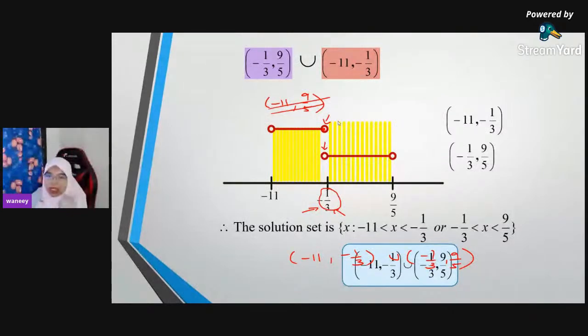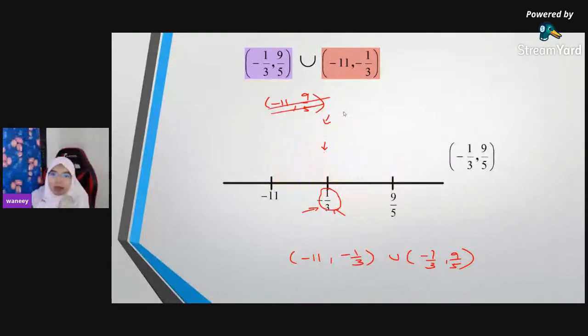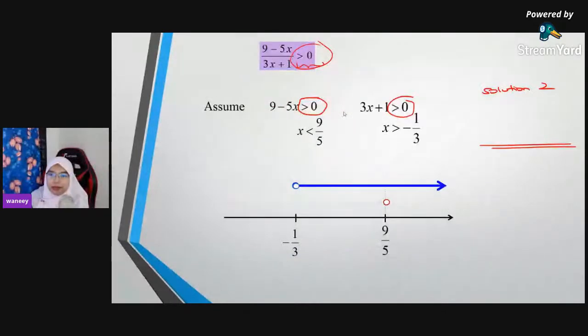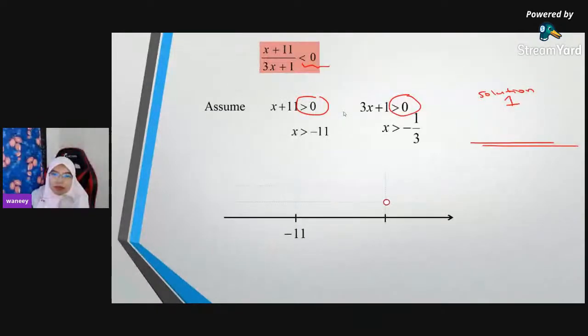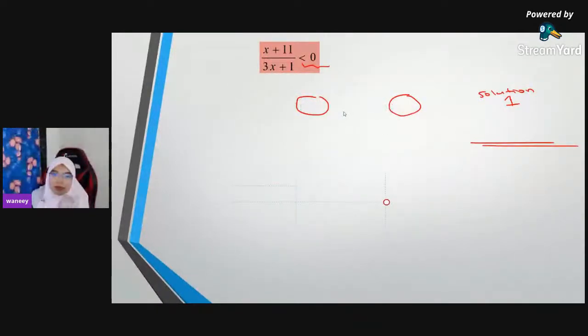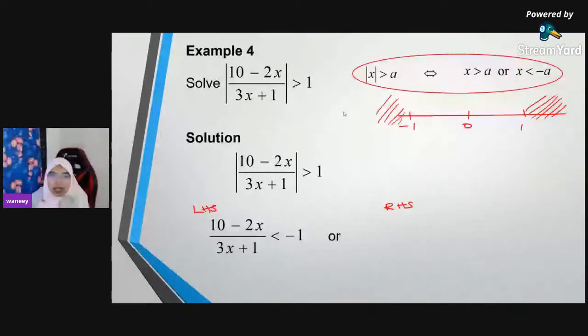Dan satu lagi, kalau awak based on the question lah kan. Kalau awak tengok balik soalan, sekejap saya patah balik soalan. Okay. So ini soalan dia kan. So kita ada 10 minus 2x over 3x plus 1 kan, modulus. Okay, so if let's say x is equal to negative 1/3. So if you substitute into here, you are going to let your denominator equal to 0.